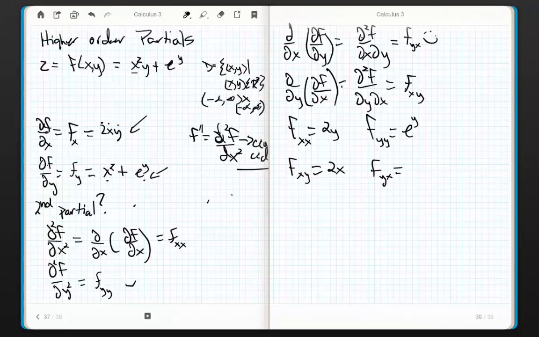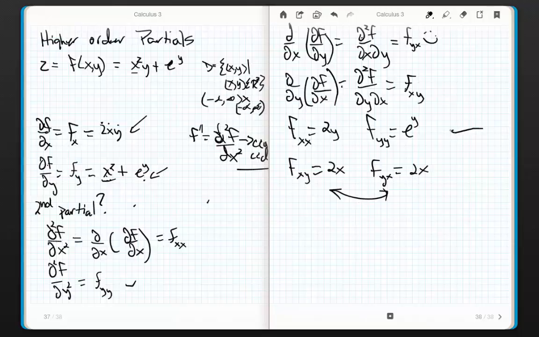That's this guy. Now we're taking the second partial with respect to x. So anything that's not an x, the partial sees as a constant. That's that guy. Hey, there's our independent variable. And out pops 2x again. That's kind of crazy. That is absolutely circumstantial, by the way. That doesn't really mean anything. However, the fact that they're equal means something, but it's complicated. We're not going to get into that right now. We'll get into that down the road.